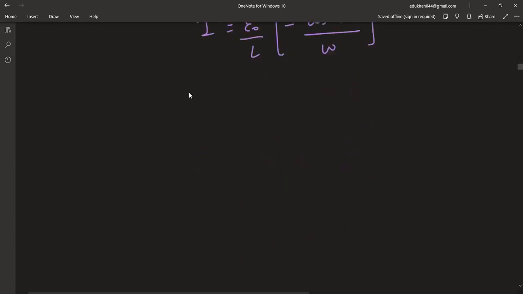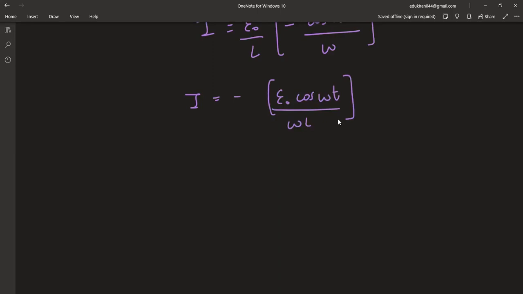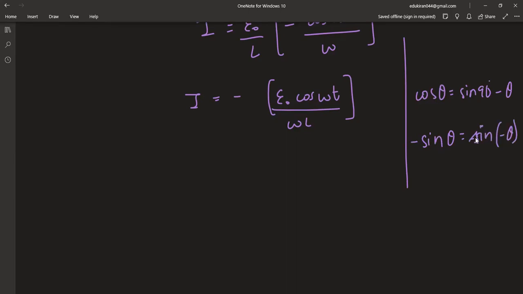So what are we left with? I is equal to minus E naught cos omega t divided by omega L. This is what we are left with. Now see class, one thing, cos theta is equal to sine of 90 degrees minus theta, correct?